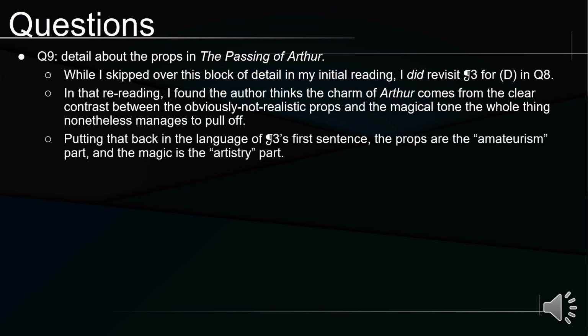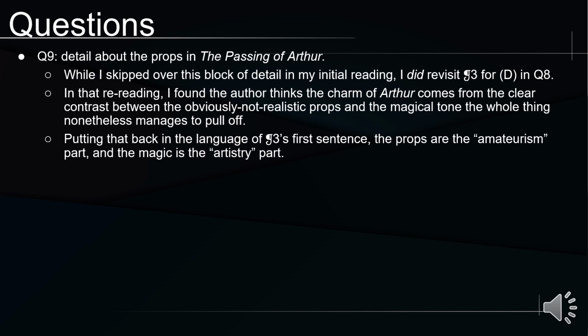Putting that back into the language of paragraph 3's first sentence, it would seem that the props are the amateurism part. They're not fooling anybody, right? They're just things that non-professionals cobble together. And the magic is the artistry part. So again, in my rereading, what I got out of paragraph 3 was that the passing of Arthur has two elements to it.